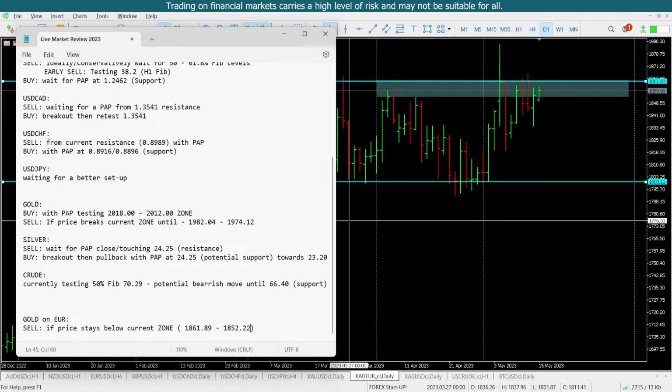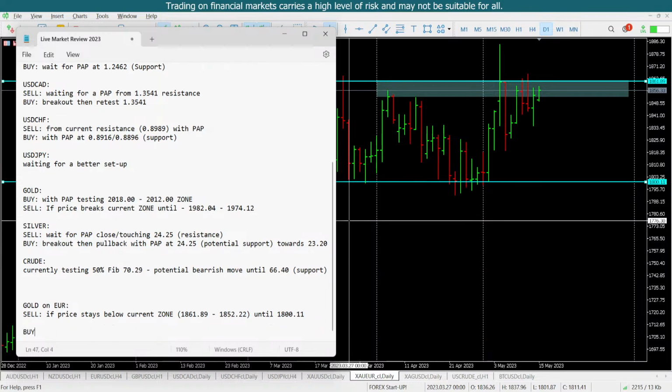Okay, all right, and then until 1800.11, or 1800 na lang. Sige, lagay yan. Buy, breakout, then retest current zone. So I would be very very interested to go for that buy if it's outside the zone.